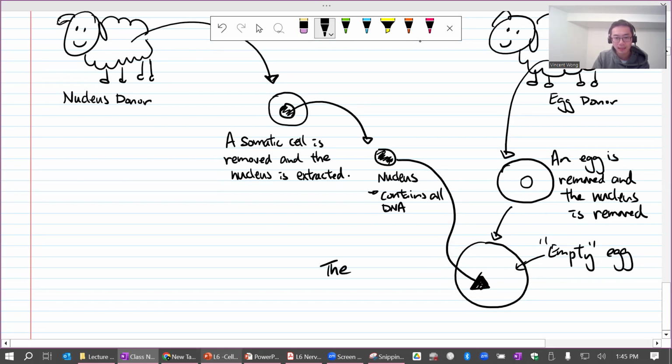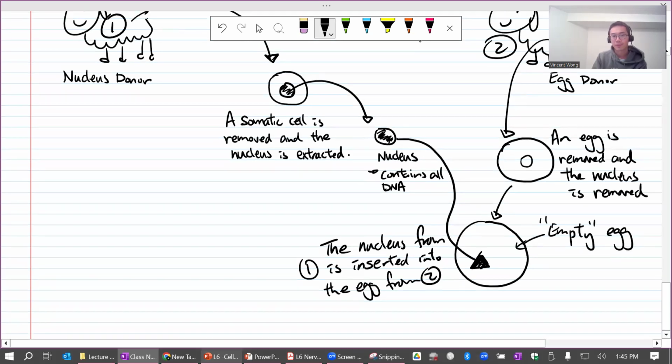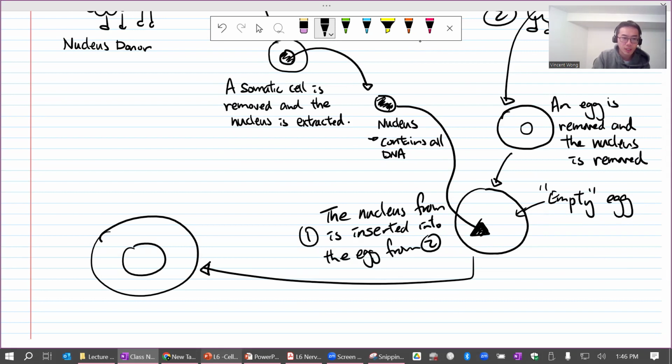So the nucleus from, we'll call this sheep 1 and sheep 2, from 1 is inserted into the egg from 2. The result is an egg with a full set of chromosomes.